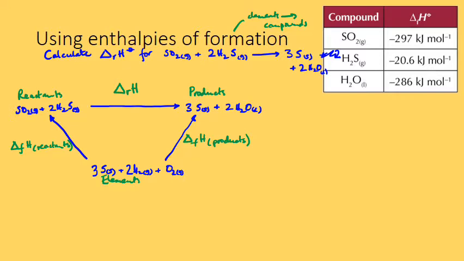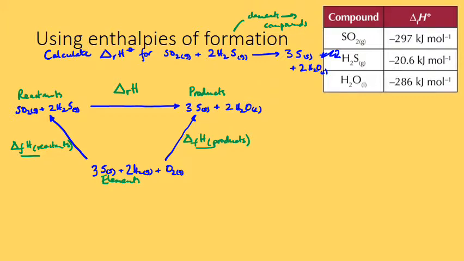So we can use that data to work out first the enthalpy change of formation of the reactants that we wrote down on the left, and then we can use the data in the table to work out the enthalpy change of formation of the products. And once we have those two pieces of information, we can use those two bits of data to work out our enthalpy change of reaction, which is what the question is telling us to do.